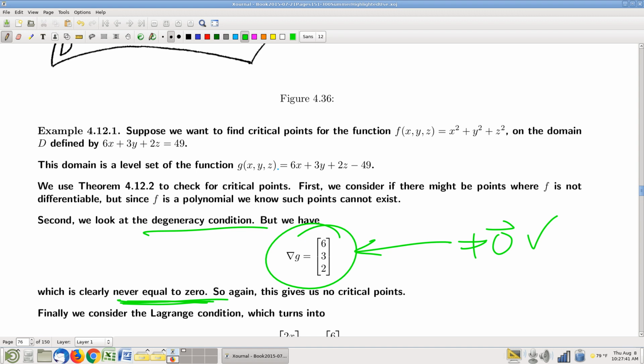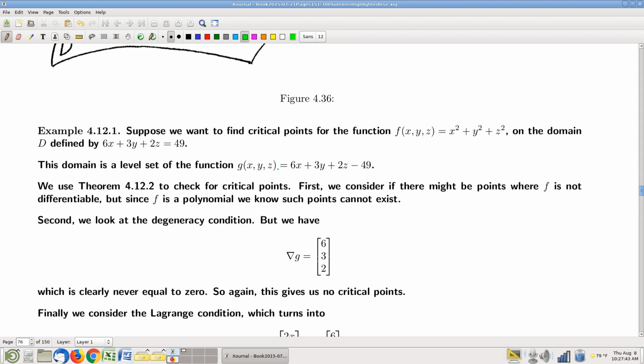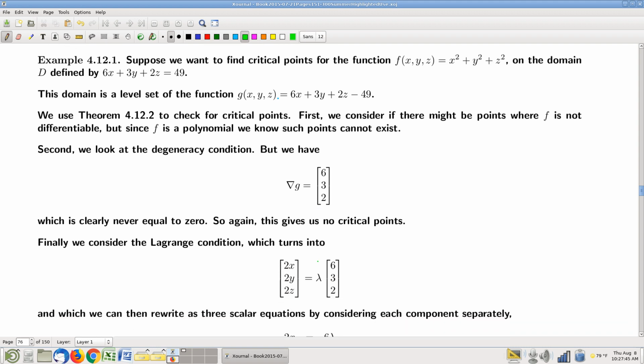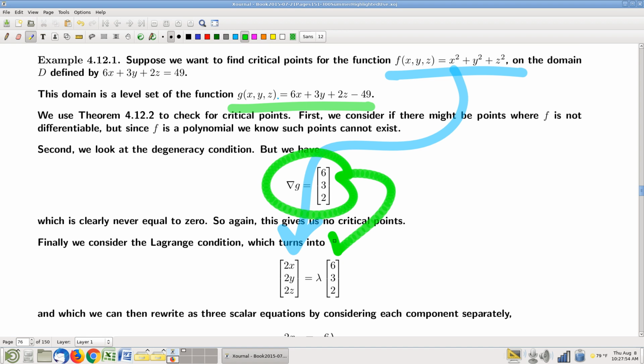Okay. All right. So the last thing then is the Lagrange condition. So here's f. There's the gradient of f. Our gradient of g, well, we've already computed the gradient of g. There's that. So our Lagrange condition. There's our multiplier. Gradient of f is a multiple of the gradient of g.